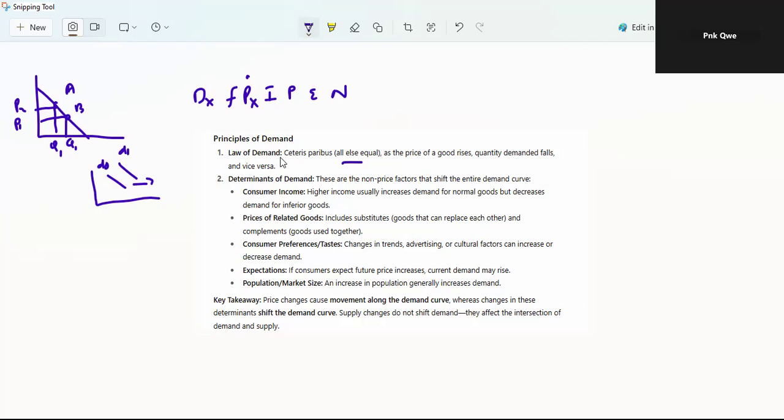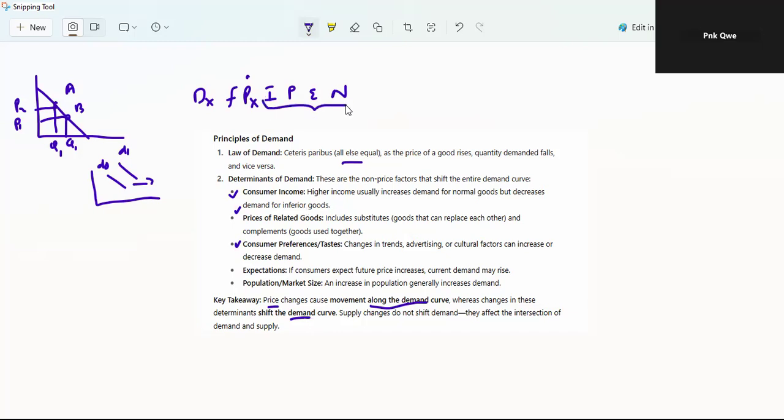If income reduces, it will shift the opposite way, from D1 back. So these are determinants of demand. Price changes cause movement along the curve, whereas shifts come from changes in these other factors.